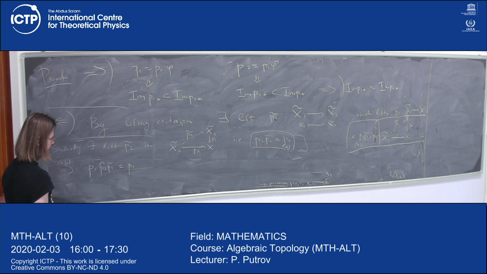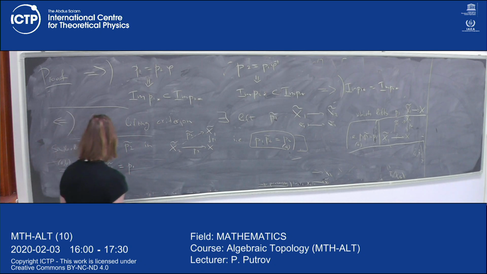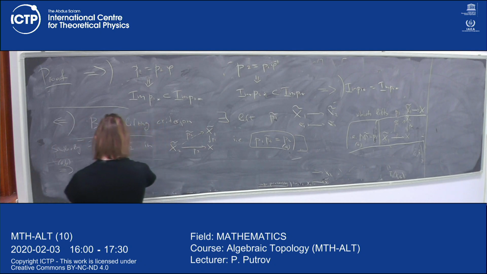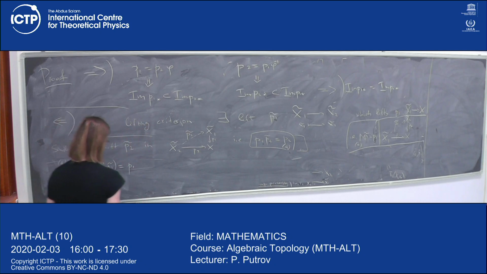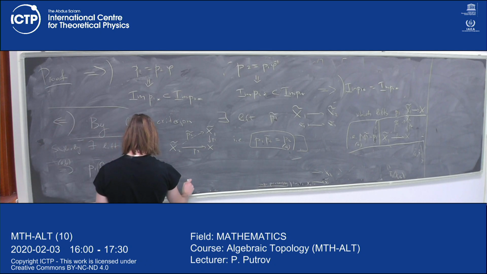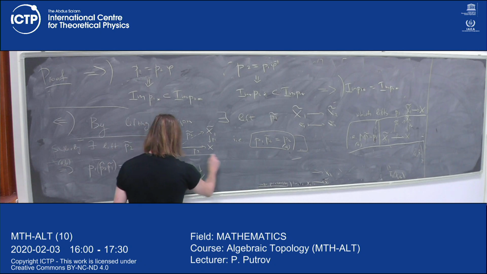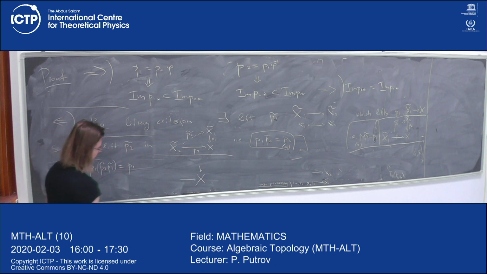Okay. So how can I interpret this condition? If I put brackets like this, I can interpret it as the following commutative diagram. This might be a bit confusing, but if you write it in terms of the diagram, it will be clear.